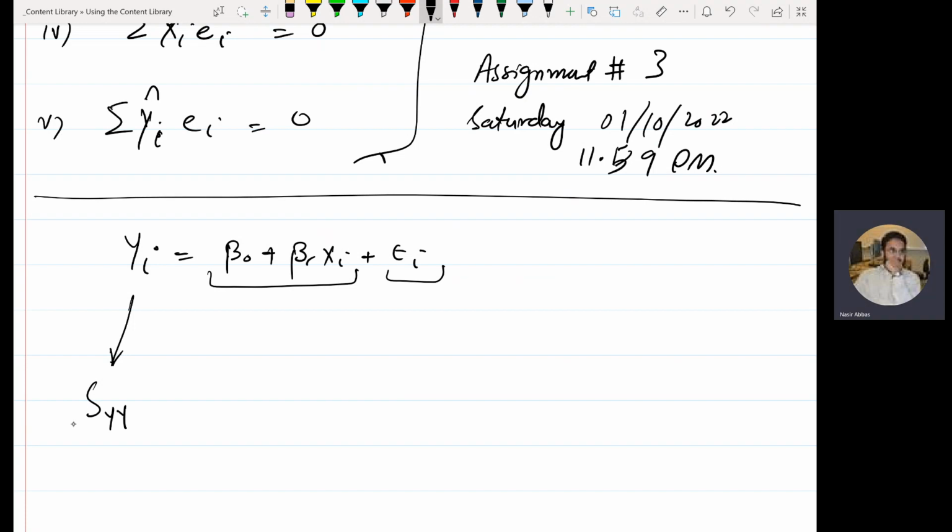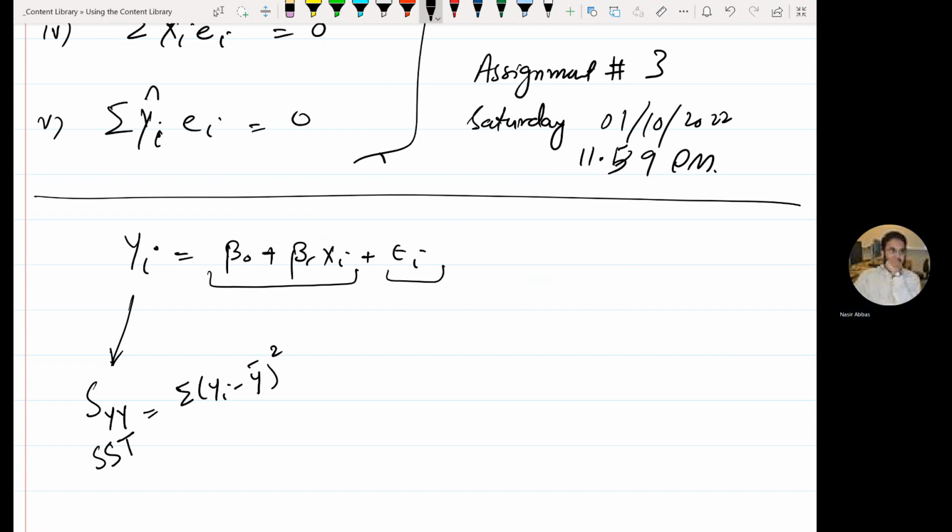In regression terminology, and in your previous course, it is also called SST, the sum of squares total. It is a measure of the total variation in y, the summation of (yi minus y bar) squared. This tells you how much variation there is in y.